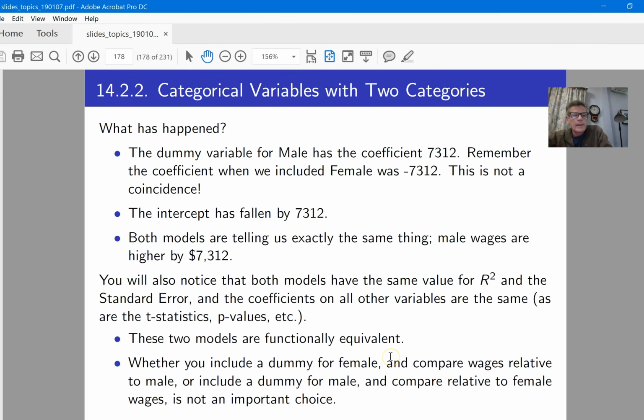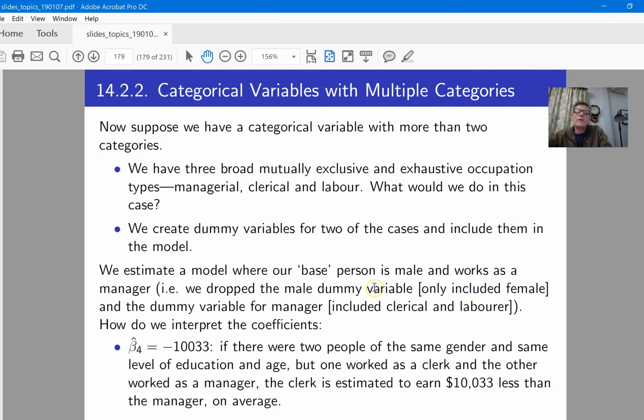Okay. Now, what about if we've got a more complicated situation where instead of having just two categories, males and females, in the data sets we've got typically, unfortunately, we limit ourselves just to the binary classification of gender. In other cases, you might have multiple categories.